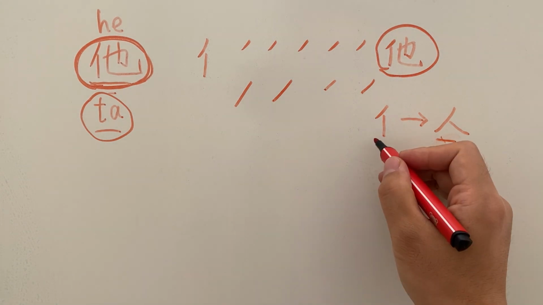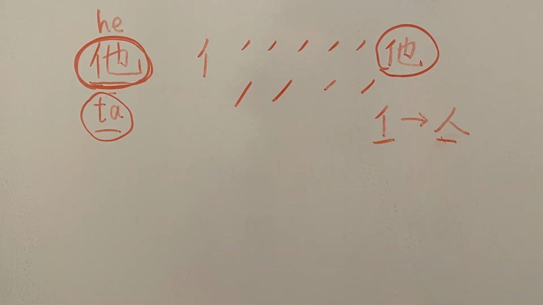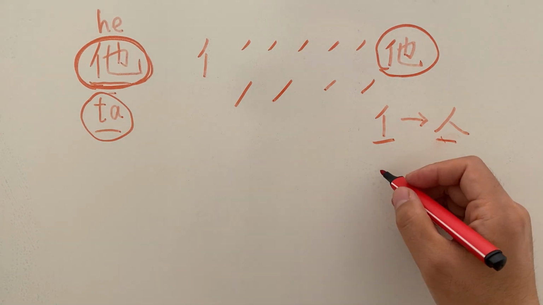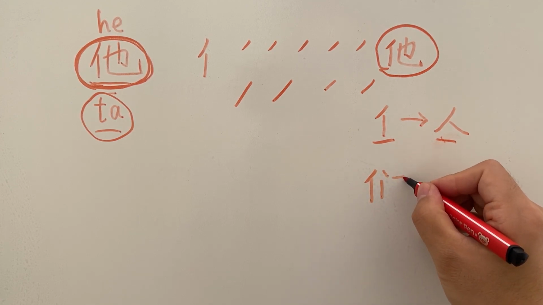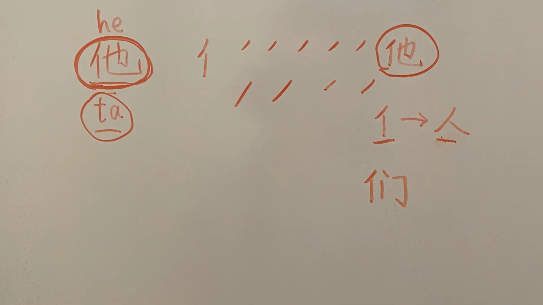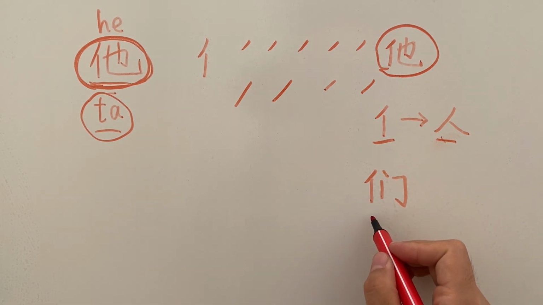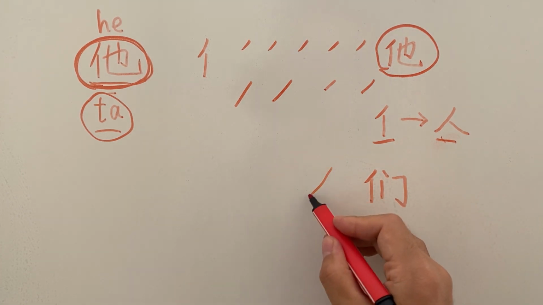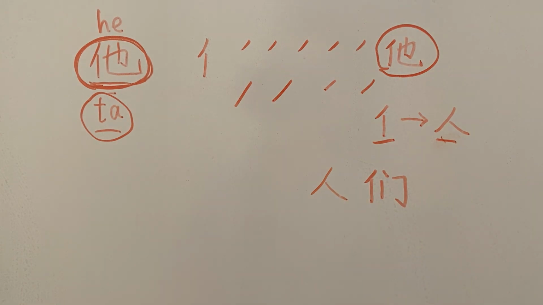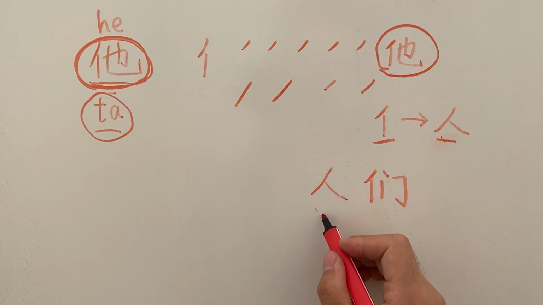The left part appears in many words, like 们. This one means a lot of people. It's funny, right? 人们 is a word. 人们 means a lot of people, or just people, right? 人 is one 人.